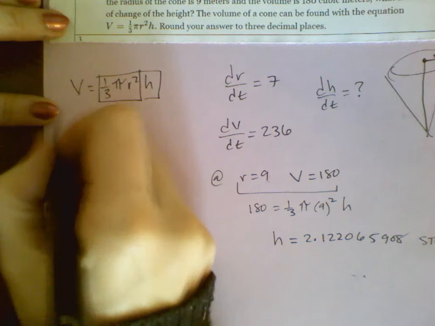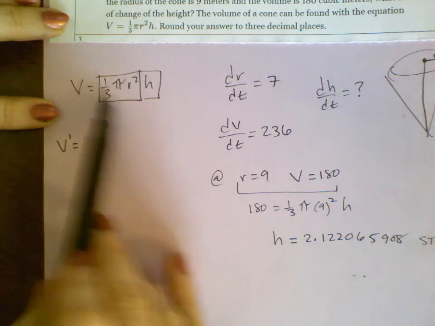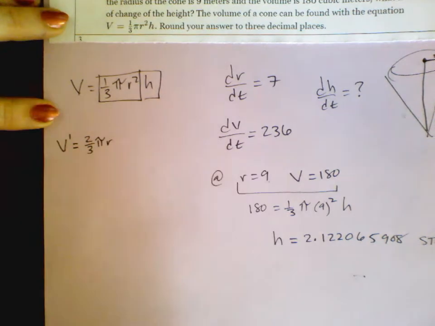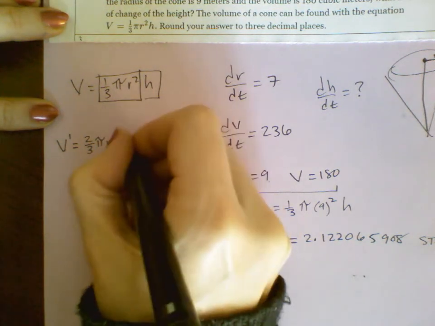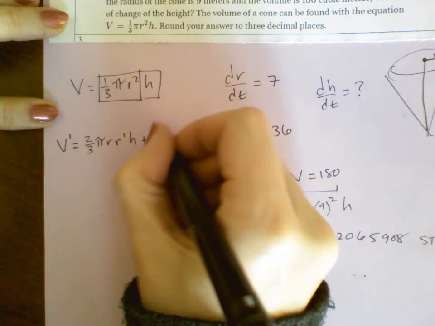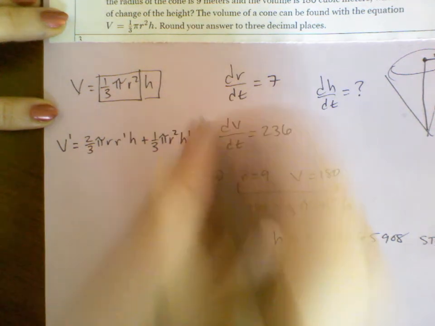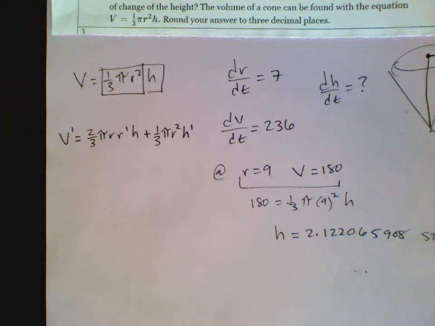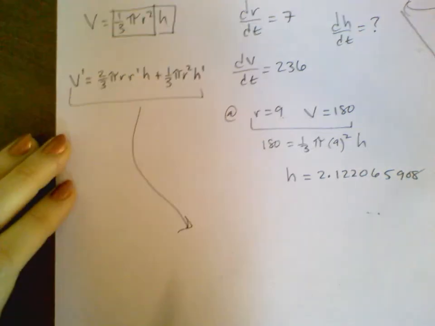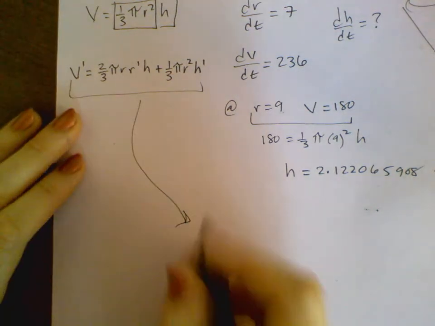So V prime equals, the derivative of this first part is 2/3 pi r, but then it needs an r prime, and then you bring down the h, plus, now I bring down the first one, the derivative of h is 1, but we need an h prime after it, so just h prime. If that is not clear, please talk to each other. Now I'll do the blank stuff. I'm looking for h prime, so I'm going to leave a blank for everything but h prime. That's just how I like to do it.